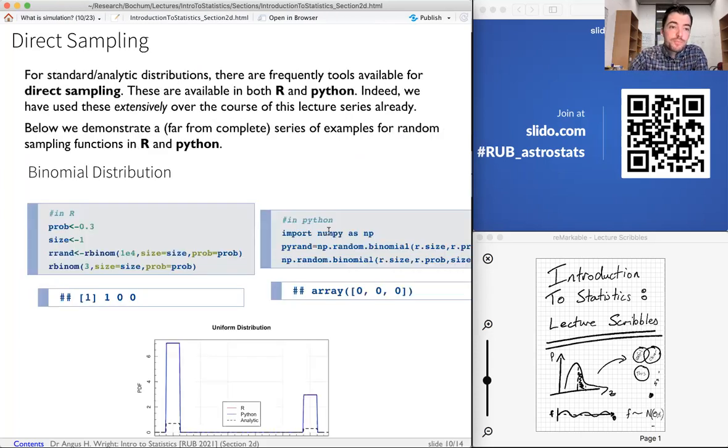The first way in which you can generate IID observations from a particular distribution, from an analytic, usually a standard statistical distribution, is by direct sampling. That is to say that somebody's done it for you. There are ways to generate from an analytic distribution of data and create random IID observations from that distribution.